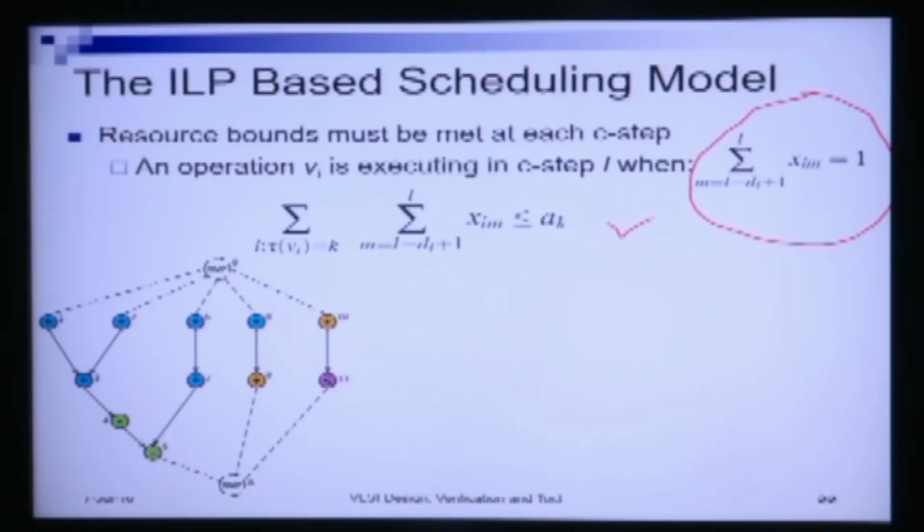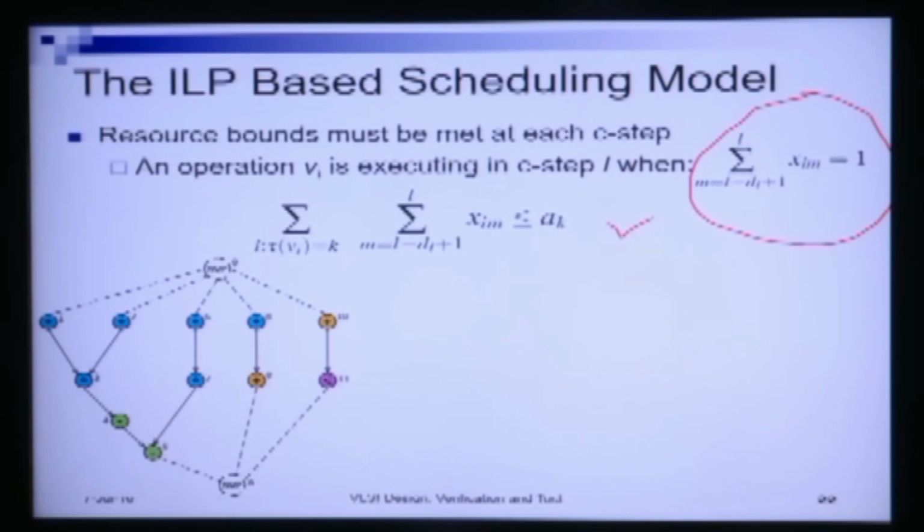So, for each type of resource that we have, K denotes the types of resources and AK denotes the number of resources of type K. So, at each time step not more than AK operations that need to be scheduled on resources of type K can be concurrently scheduled.